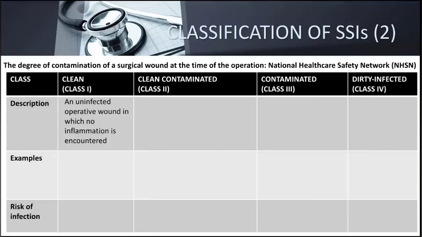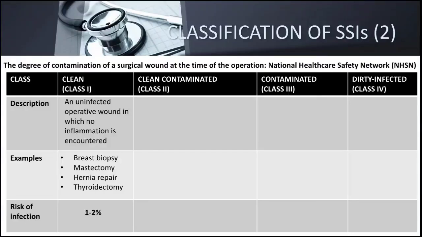The most important thing you need to know about this class is that we are not breaching the genitourinary, the respiratory, or gastrointestinal tract; that is intact. Examples of class 1 wounds are breast biopsy or mastectomy, hernia repair, thyroidectomy, right? And the risk of infection is about 1 to 2%.